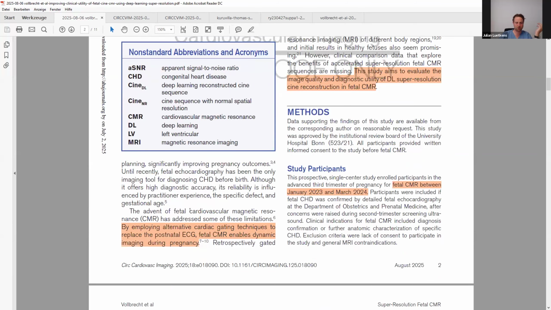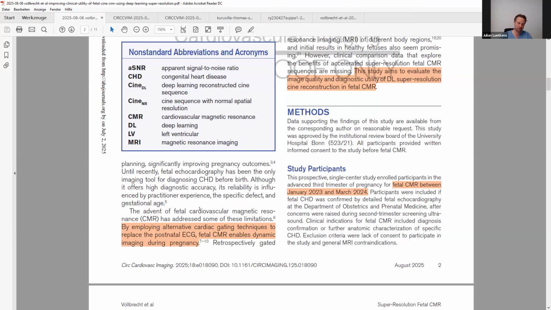But of course, with recent technical developments in CMR, we can now perform fetal CMR. And I think one big advantage was the development of an MRI-compatible Doppler ultrasound system, which we place on the abdomen of the mother, and it gives you a gating signal into the CMR system, which you can use to actually use all the normal sequences we know for adult CMR.